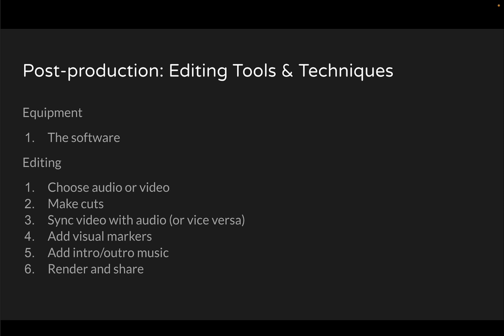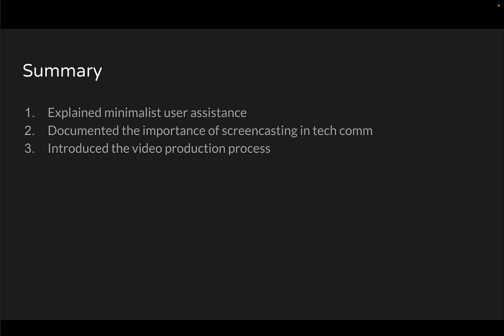You can actually go onto YouTube, and they have a sound library that is all royalty-free music that you can include in your video. And then finally, you'll render and share the video, which is as simple as exporting the video as a 1080p video in Camtasia.